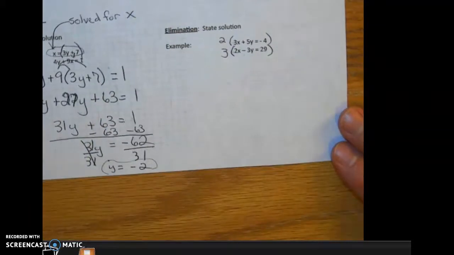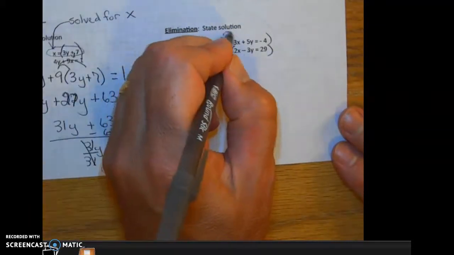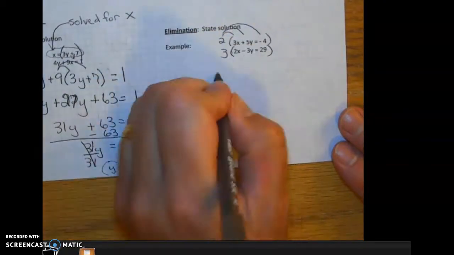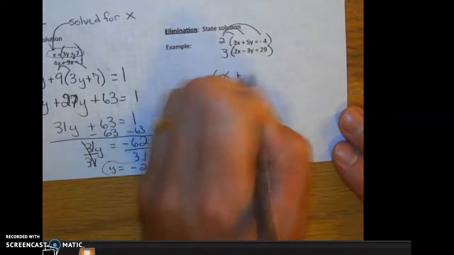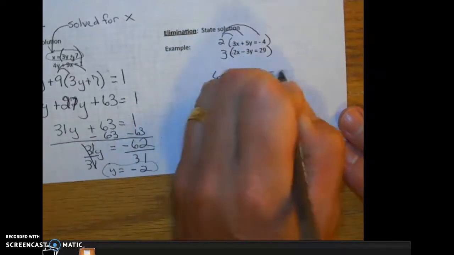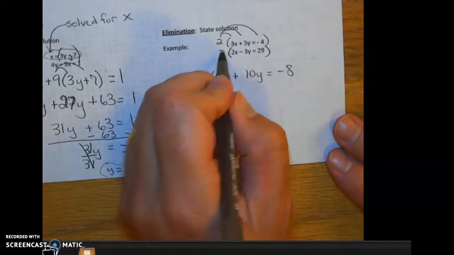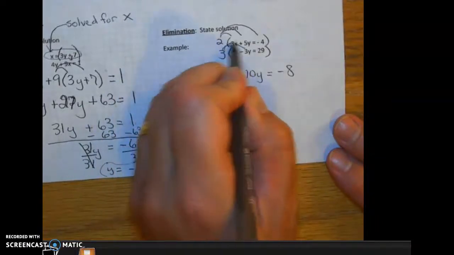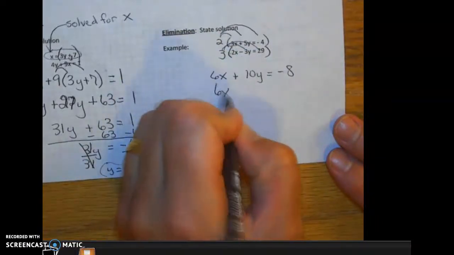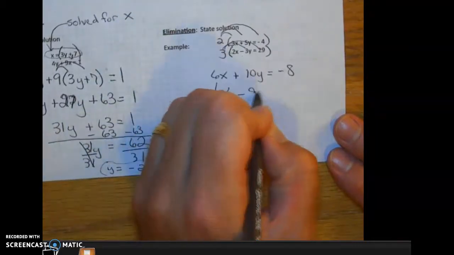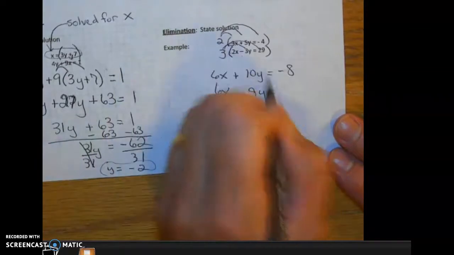So let's do that. Let's distribute the 2. This time we have to distribute it all the way across. So 6x plus 10y equals negative 8. All right, same thing here, we're going to distribute the 3. 6x, hey, that's what we wanted, minus 9y, and then equals 29 times 3.